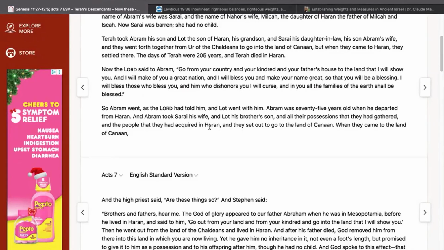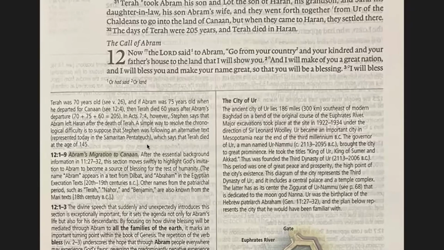And what the scholars of the ESV Study Bible are saying is the way to understand why he might be saying that is that there is another version of the Pentateuch out there, and that Stephen might be speaking about what was in the Samaritan Pentateuch, the Samaritan version of the Genesis story.